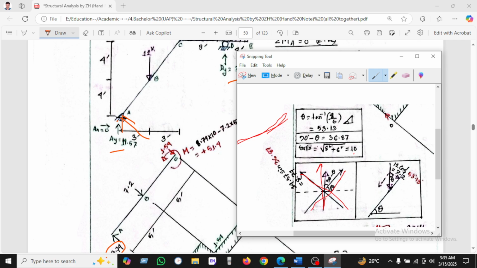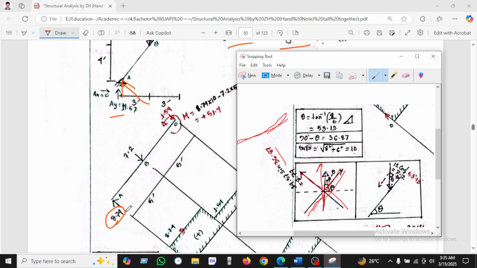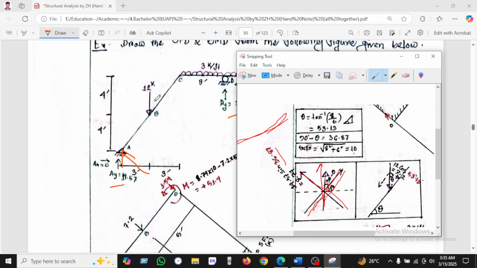We know this is the perpendicular, so it is not theta, that's why it will be sin theta. So 14.54 into sin theta, and it will be 8.74, which is given here as 8.57, and another load is given, 12.